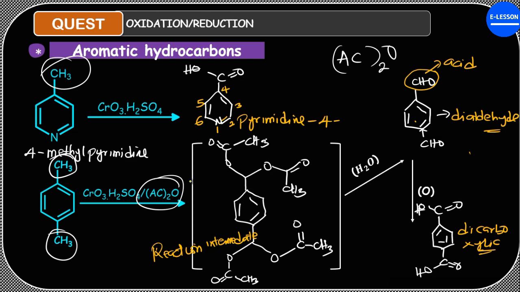Are you getting it? This group attaches here, and then you hydrolyze it, call this hydrolysis, to give a dialdehyde. The dialdehyde is oxidized to give us a dicarboxylic acid. Recall that aldehyde can be oxidized to carboxylic acid.